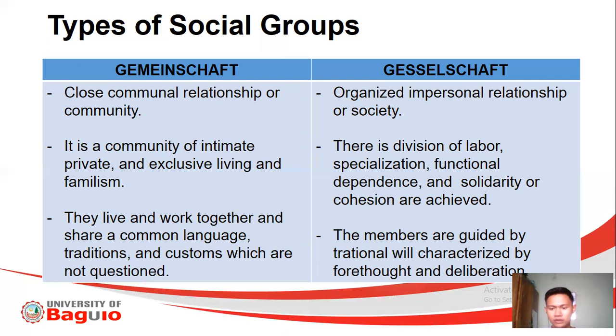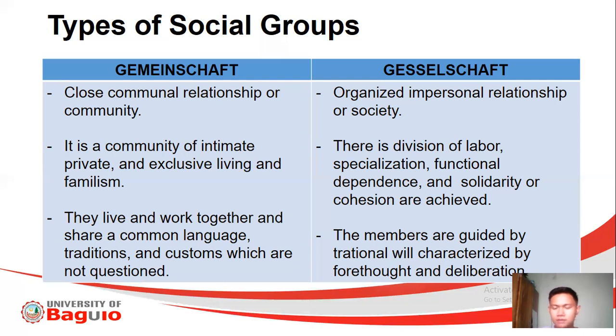So for example, division of labor, di ba? You are in a factory. Gumagawa kayo ng sasakyan. Magkakakilala kayo siguro, all of the members in that factory, pero you have your own different roles based on your duties and responsibilities. Kung yung isa taga-lagay ng gulong, yung isa taga-lagay ng side mirror, yung isa naman taga-ayos ng electricity ng sasakyan.